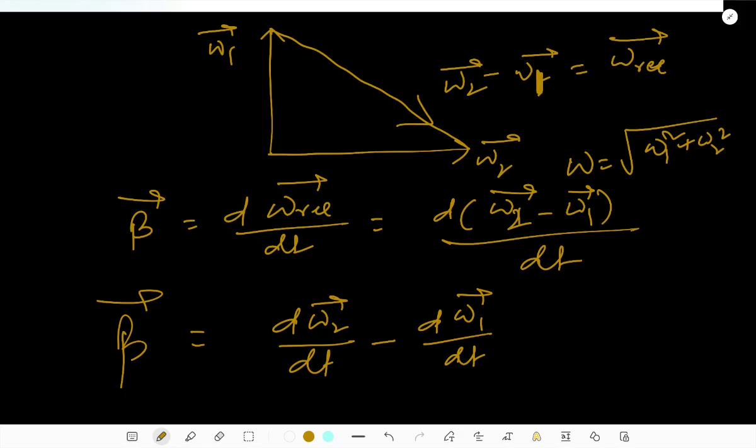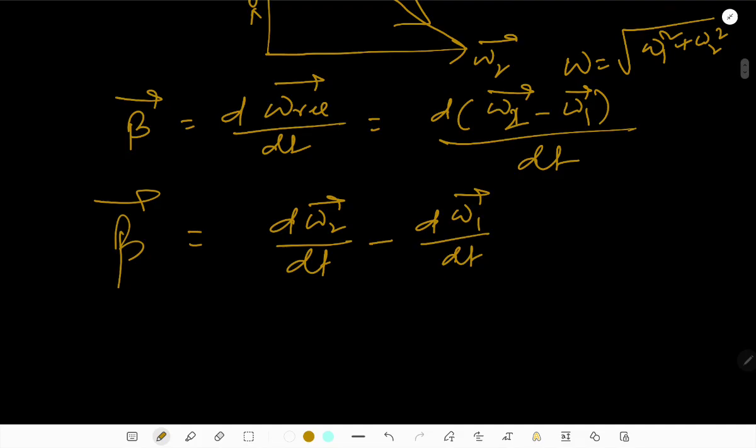So the observer is always at rest. That means in this case the observer is sitting somewhere on this axis along the omega 1 vector.